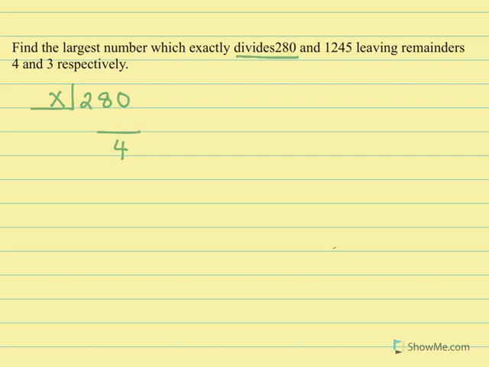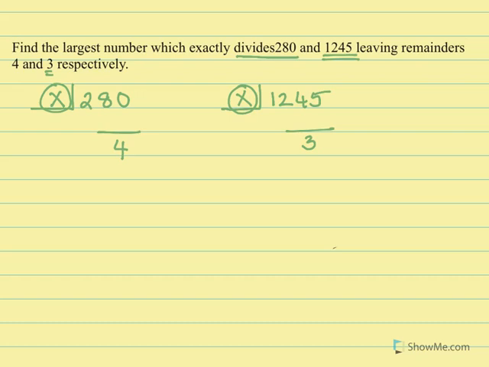So in this case, leaving remainder 4, and the number also should divide 1245, leaving remainder 3. By now you guessed our x is here, so we have to find the HCF.